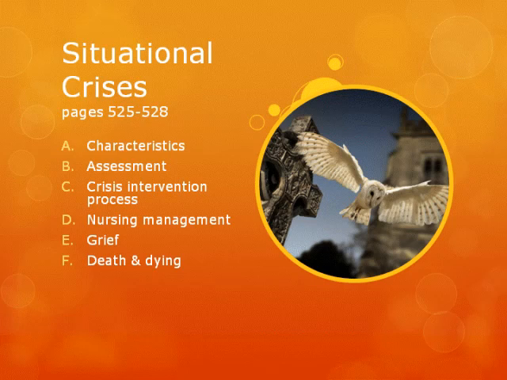Situational crisis, I'm not going to complicate things by introducing some more terms that Townsend uses, so let's just, for the purpose of this particular exam, look at the way Kaplan defines situational crises. Some crisis, the loss of a home, loss of a job, some natural disaster. Let me take that back.